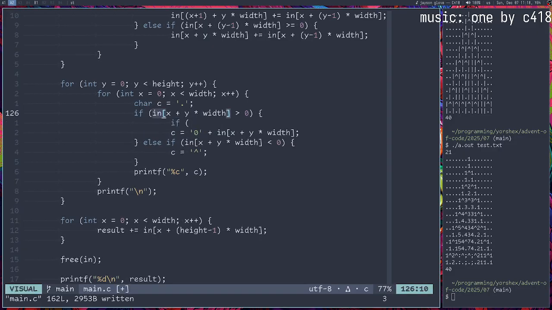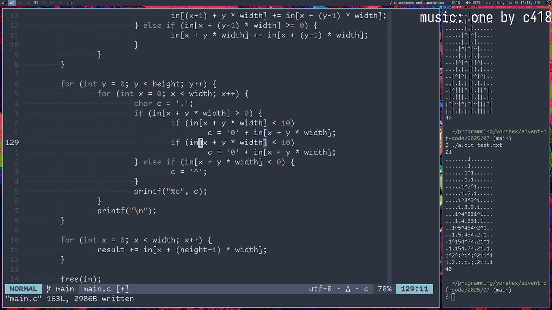If it's less than 10, I want to print it like this. Else, I want to use a letter and also subtract 10 from here.